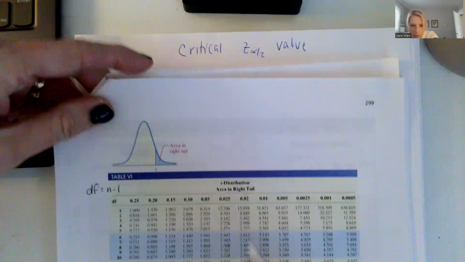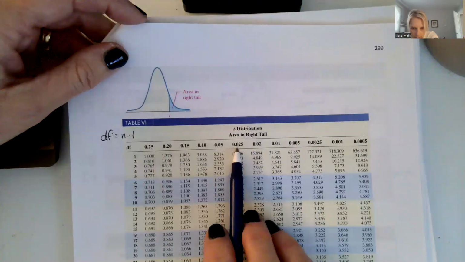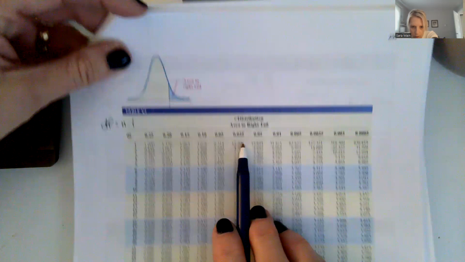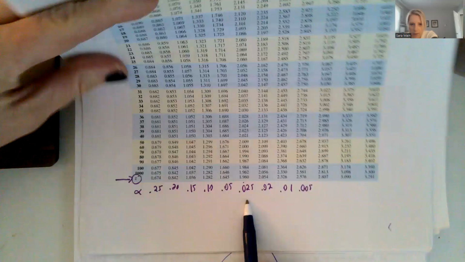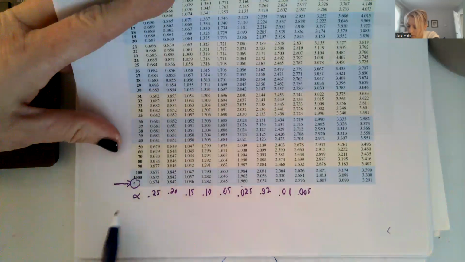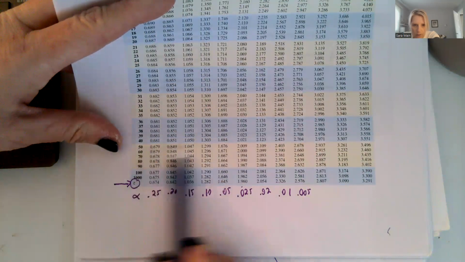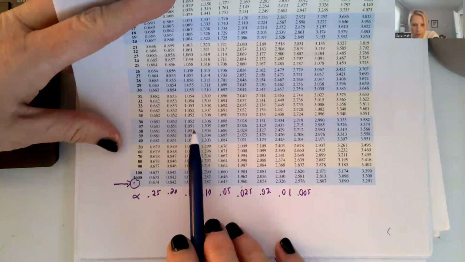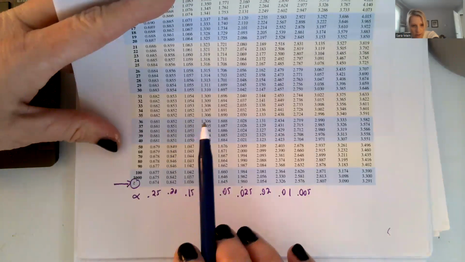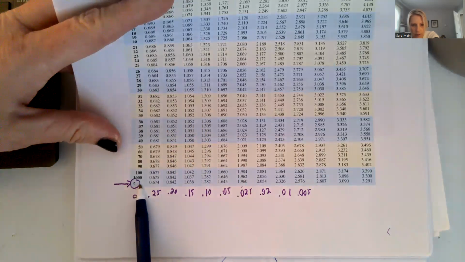So we can go to 0.025 on our table. Right here it is in the middle. And we're going to go all the way down. And I suggest that you write these same alphas on the bottom because your z is the very bottom row. Remember, we're using the table up here for the t-scores when we use the t distribution. But the z distribution never changes.